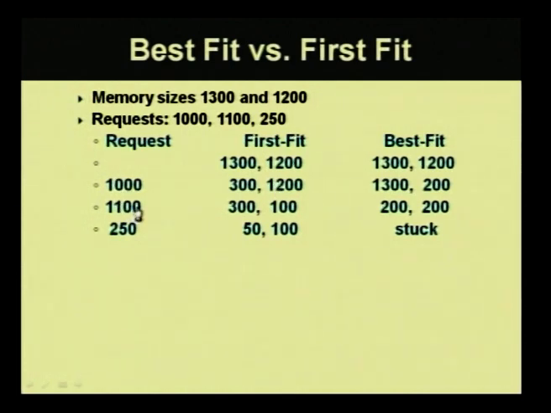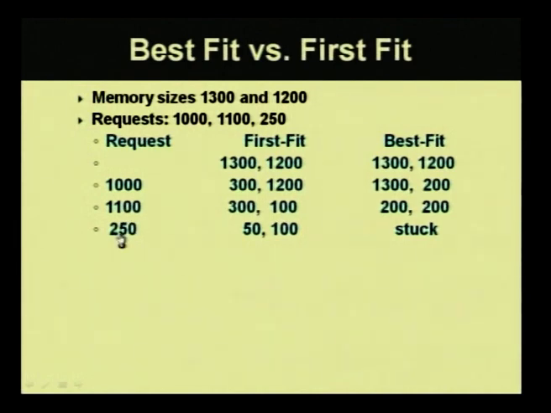Assuming another request 1100 comes in, it analyzes the first hole, which is of size 300 and cannot accommodate 1100 because it is much smaller. The next hole available is 1200, which can be allocated to this 1100. Therefore, the 1100 process is allocated to this space, and the remaining hole generated is 100.